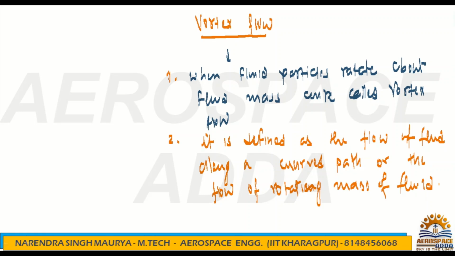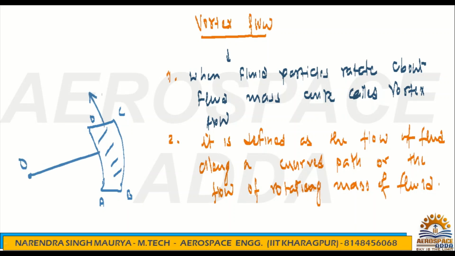Okay, now what is the meaning of it? Simple. We can take the mass of fluid. See, this is the mass of fluid, which is nothing but A, B, C, D. This is the fluid element, and this element contains mass also, and it is rotating about point O. So it will follow a curved path.